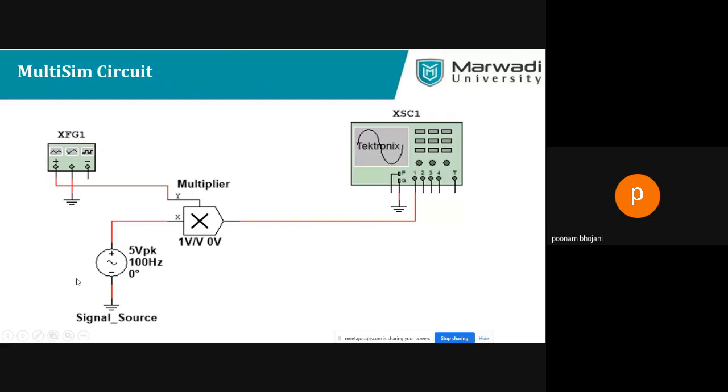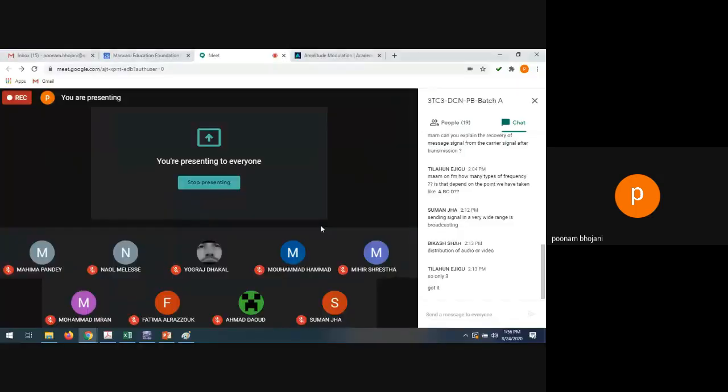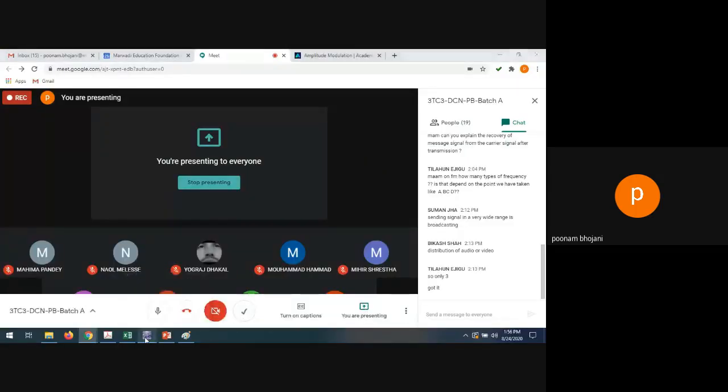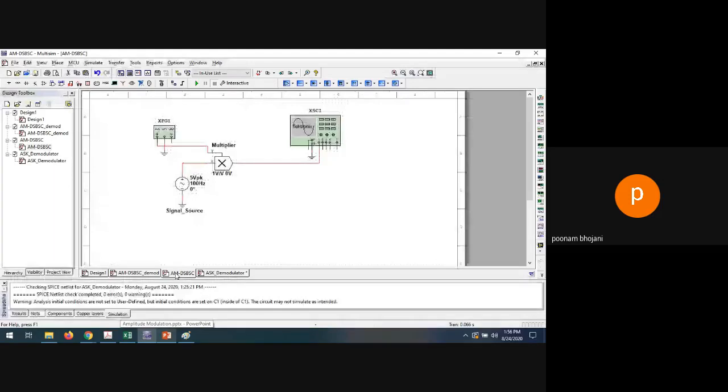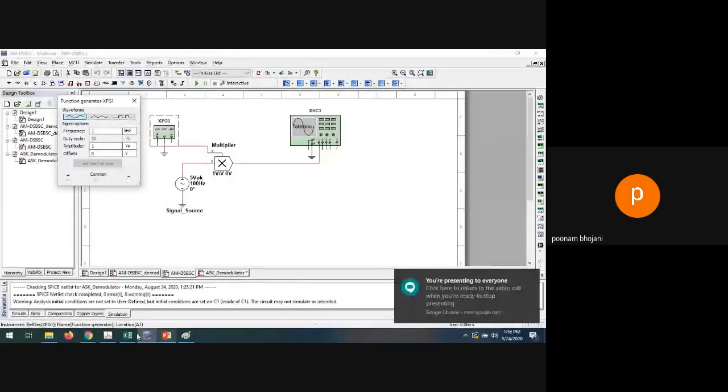And next is the Multisim circuit, by which you can generate the amplitude modulated signal. Let me show you that amplitude modulated signal circuit. See, here I have used two different signals. Can you see the Multisim screen, everyone?